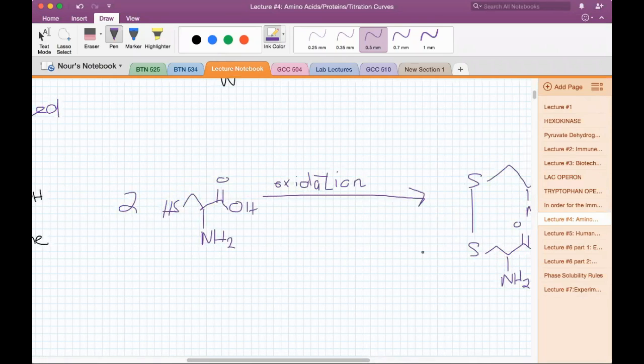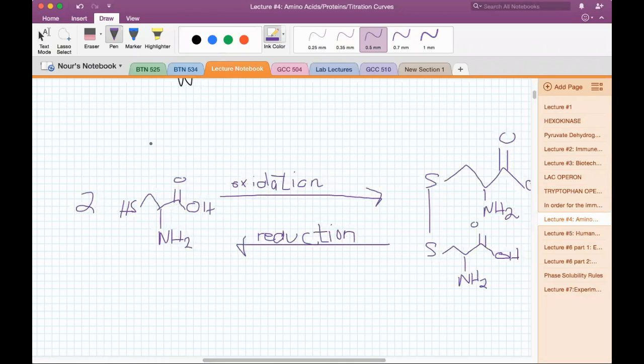And then the reverse would be reduction, because you would take back those electrons and hydrogens in order to break the bond and give the H's to the 2 cysteines. And remember, in biotechnology, you have reducing and non-reducing conditions when you're doing SDS page gel electrophoresis.